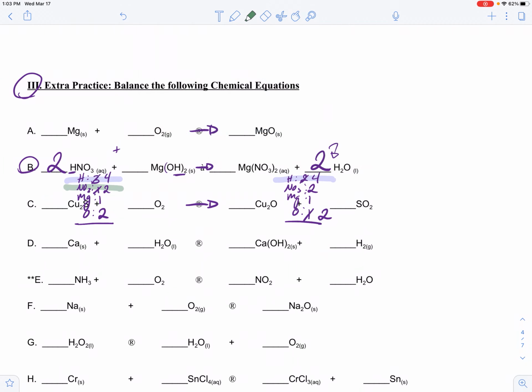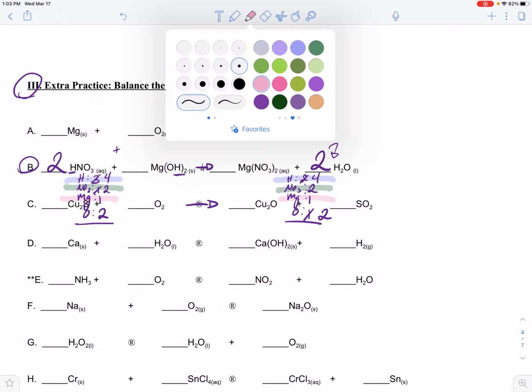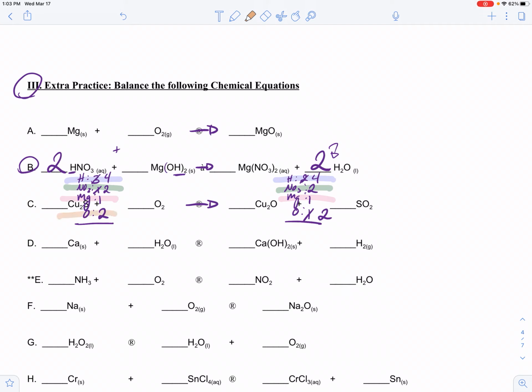I've got 2 NO3 on the left, 2 NO3 on the right. I've got 1 Mg on the left, 1 Mg on the right. And then the last one, I've got 2 oxygen on the left, 2 oxygen on the right. So now my chemical equation is balanced. All the atoms that exist and appear on the left side now exist and appear on the right side.